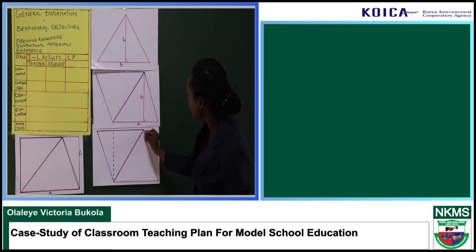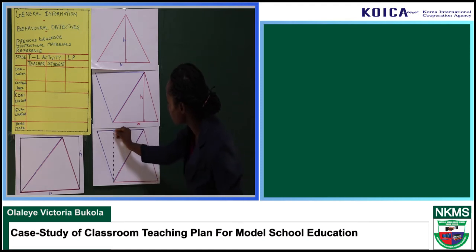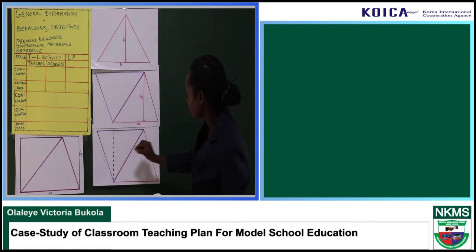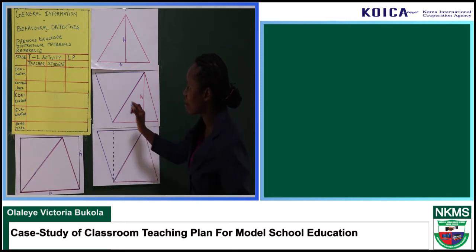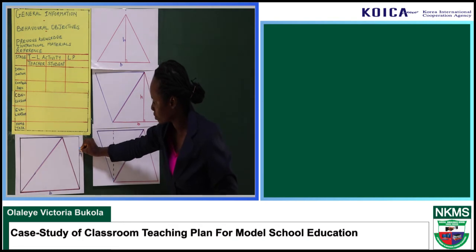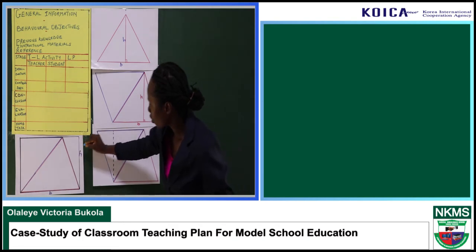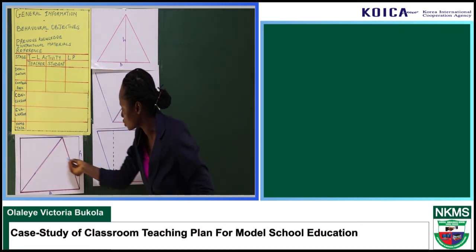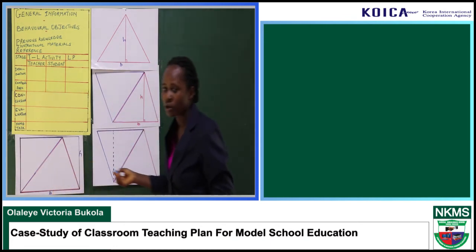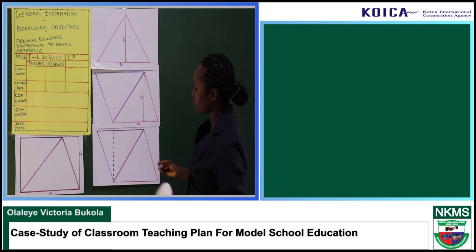We have our normal triangle here and the second triangle here with broken lines that show the height. These are in the shape of a parallelogram here, and we can also have it in a rectangular shape, the last one here. We'll discover that this height is for the 2 triangles and the base also is for the triangles in the cardboard there.